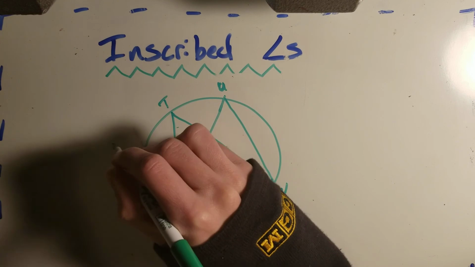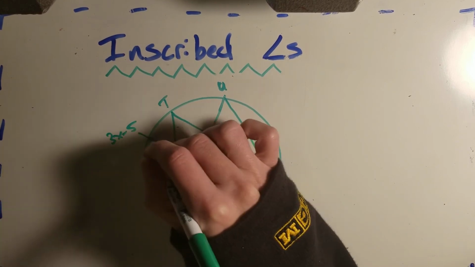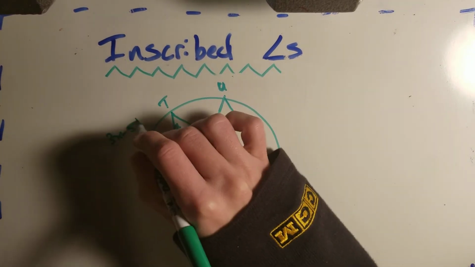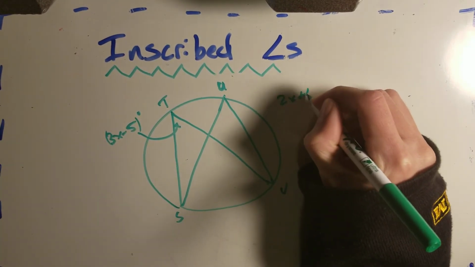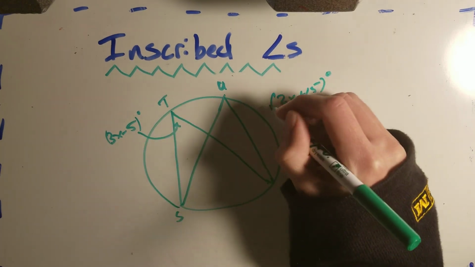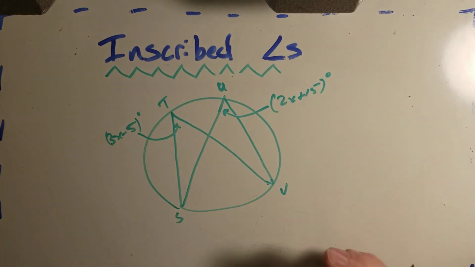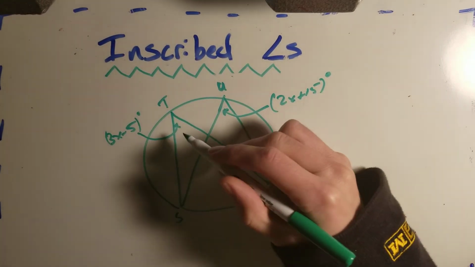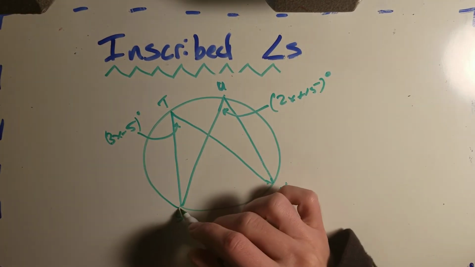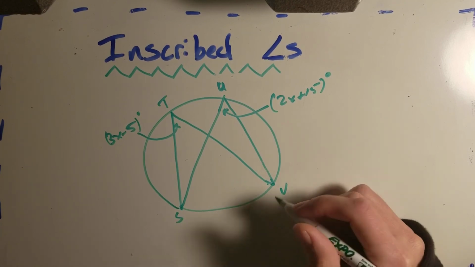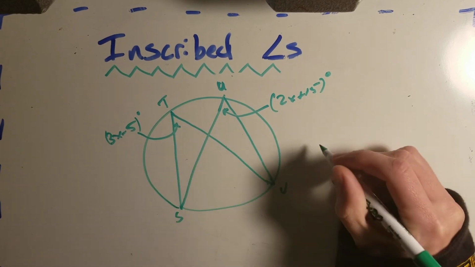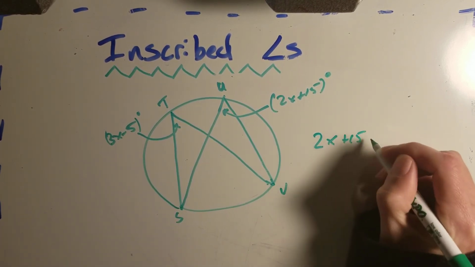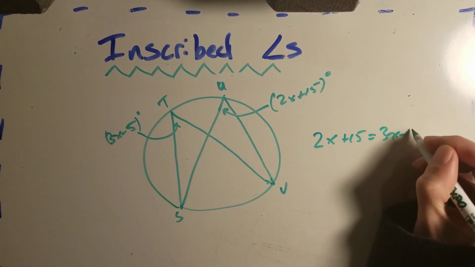We are given 3x minus 5 as the measure of this angle, and 2x plus 15 for this angle. I'm sure you can guess the equation we're going to make because of the theorem we just had. Because angle T is intercepting arc SV and angle U is also intercepting arc SV, they're going to be congruent to each other. So 2x plus 15 equals 3x minus 5.